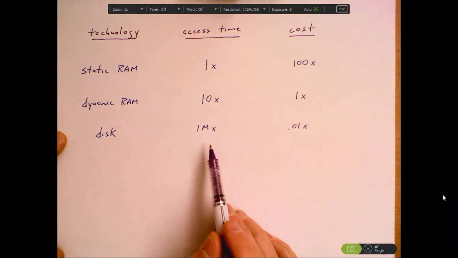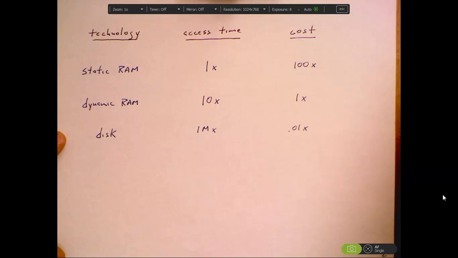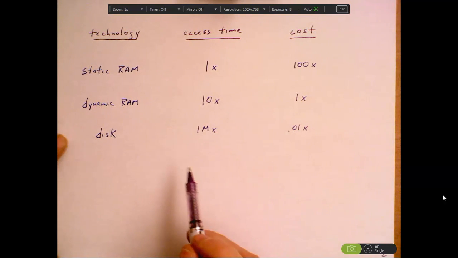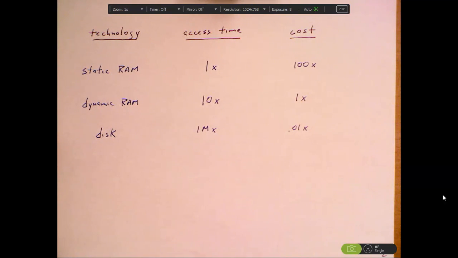So what I'd like to do is keep things in high-speed memory when I'm using them and back off, place things in lower speed memory, even all the way back to disk if it's a piece of data or program that I'm not using very often. Again, these are just sort of ballpark figures to give you an idea what's going on.